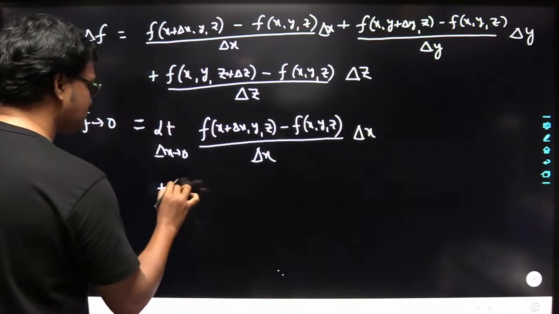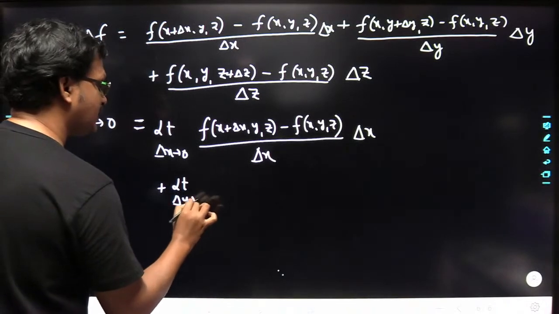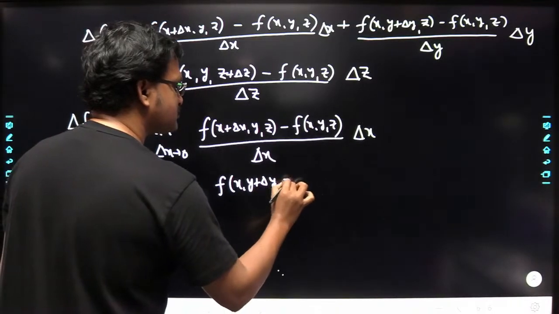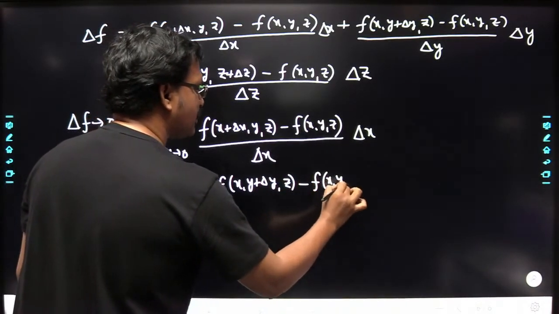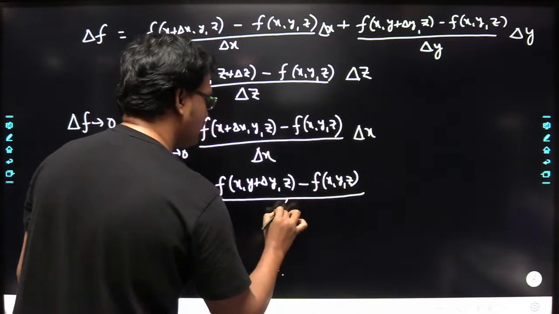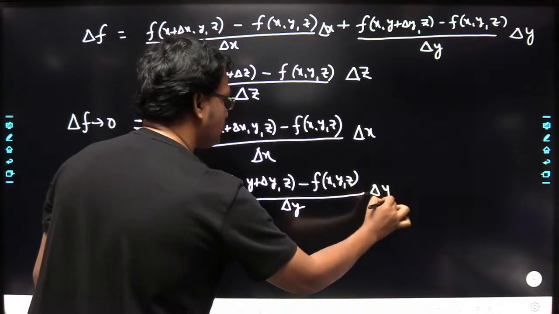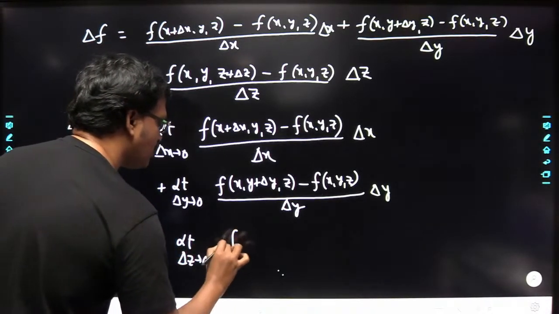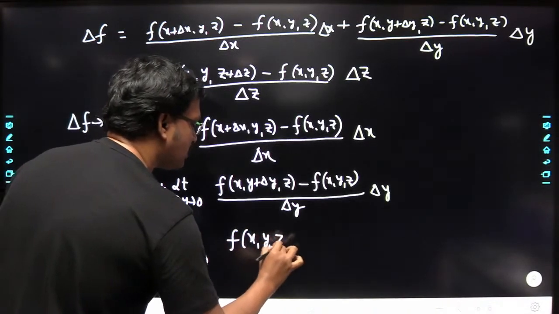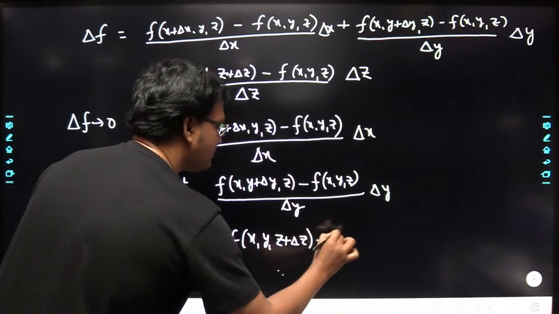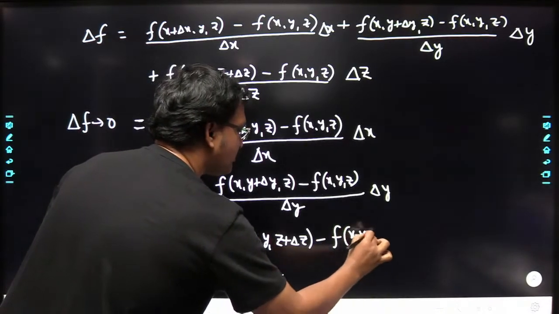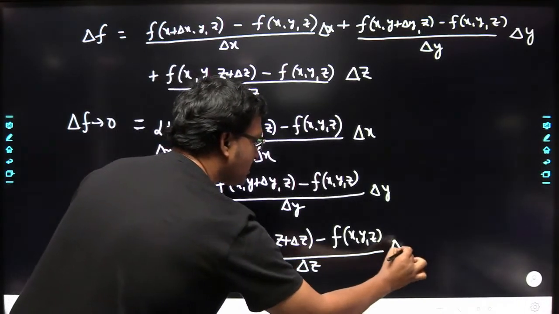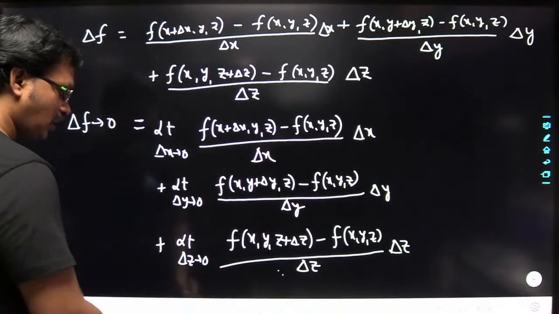Plus limit delta y tends to 0, f of x comma y plus delta y comma z minus f of x comma y comma z divided by delta y into delta y, plus limit delta z tends to 0, f of x comma y comma z plus delta z minus f of x comma y comma z divided by delta z multiplied by delta z. Right? Okay.